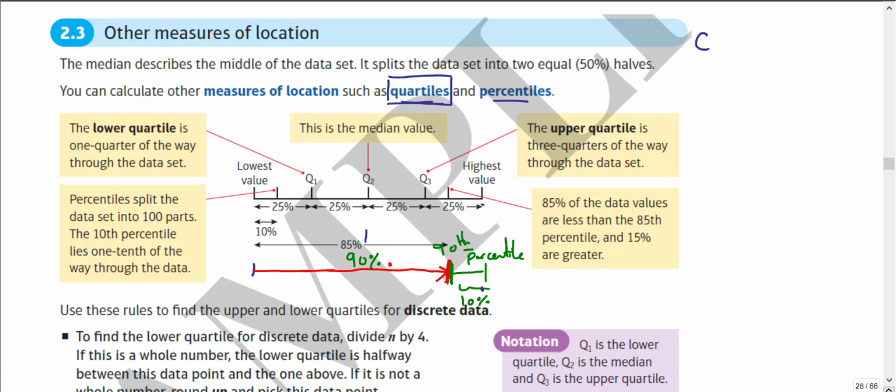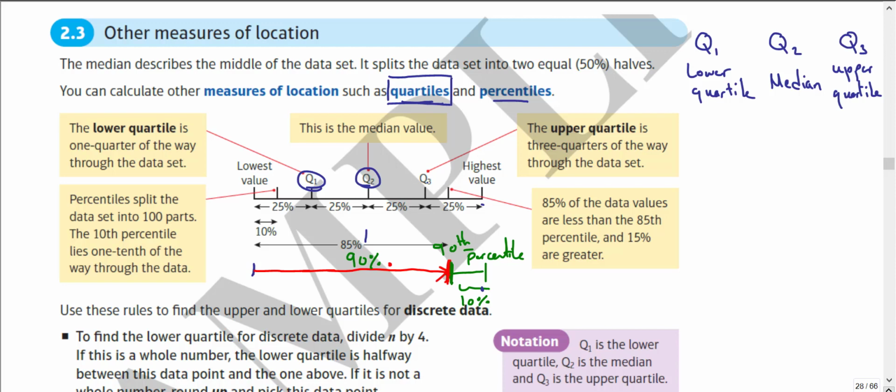We have Q1, which is called the lower quartile. We have Q2, which is actually the median that we used to find before. We have Q3, that's the upper quartile. So how many quartiles? 3.